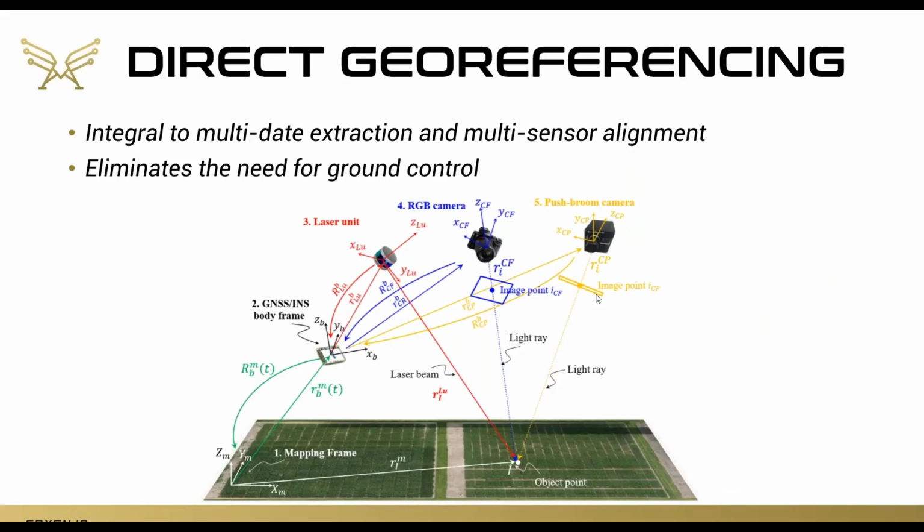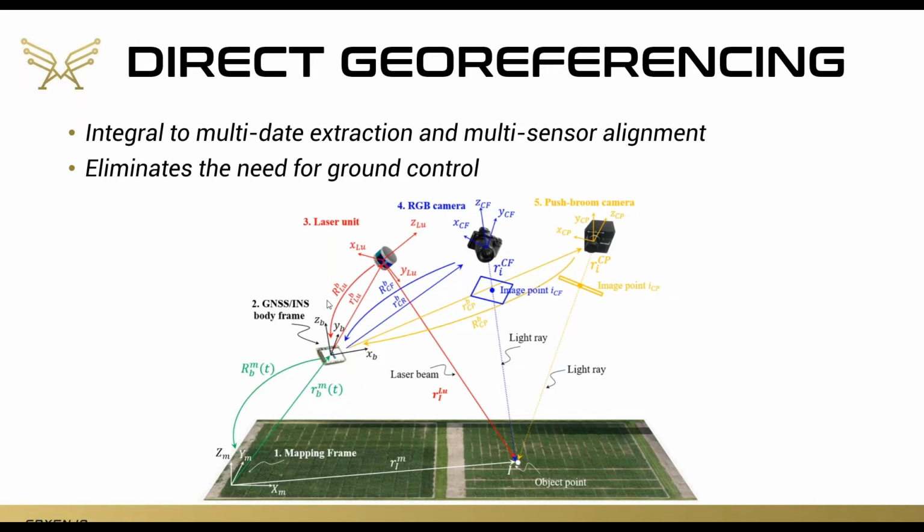With these multimodal systems, where you have multiple sensing modalities on a single platform, the key part is really the direct georeferencing. So the user can have accurate and precise repeatable data over their collection area. This image illustrates what goes on in that process. Essentially, what we're doing is trying to take each of the data points from these three sensor types and align them in a common mapping frame over time.